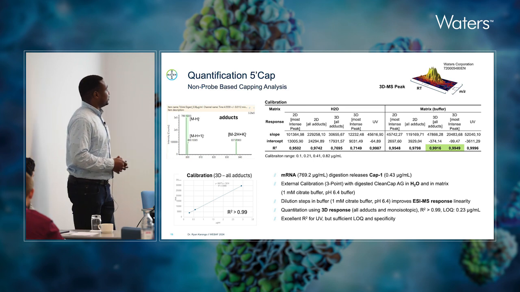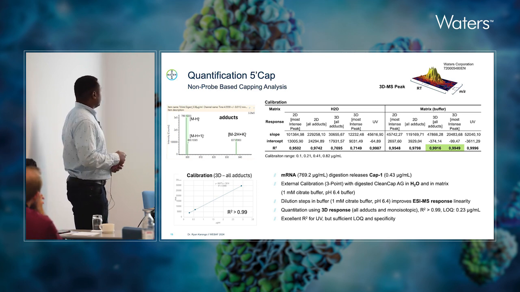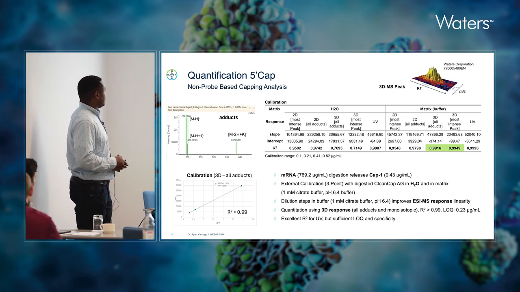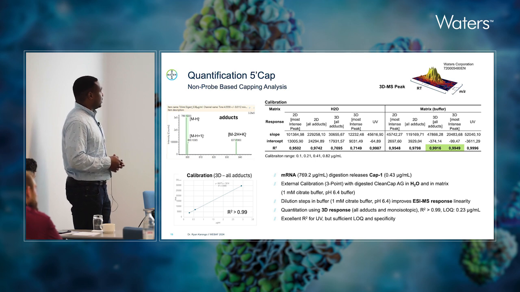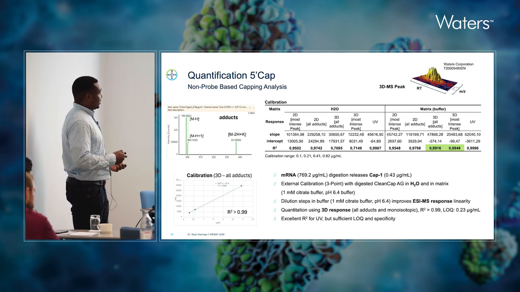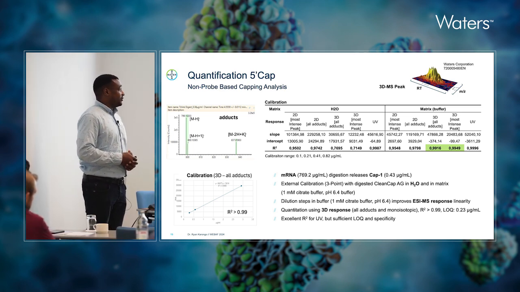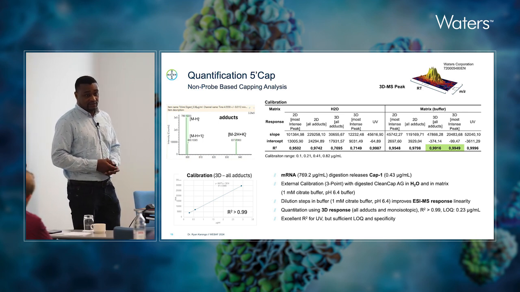For this purpose, we did as well a calibration curve. We found that we have adducts in the spectrum, but if we use all adducts and we also consider the retention time dimension, we are able to extract the peak volume. And this gives us very good R-square responses.